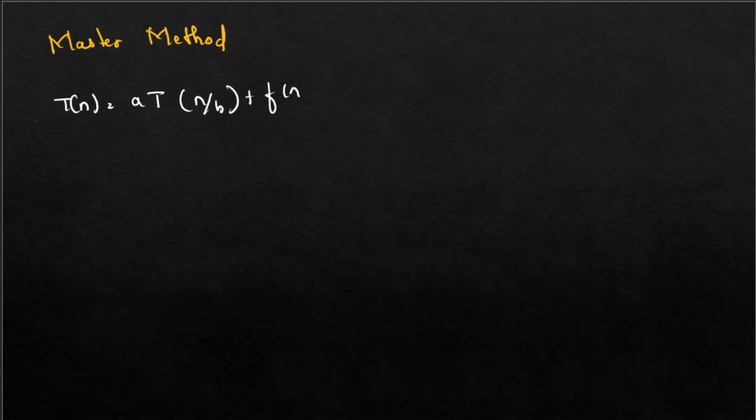Master's method for recurrence relations. So what is the format? T(n) is a T(n/b) plus f(n), where a is greater than or equal to 1, b is greater than 1, and these are constants, and f(n) is positive.